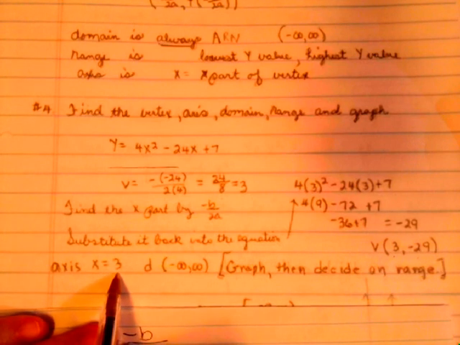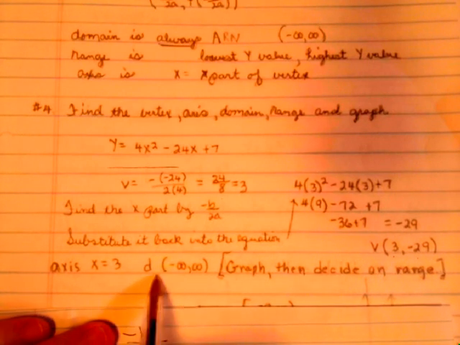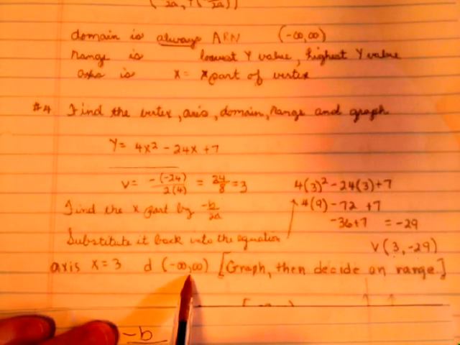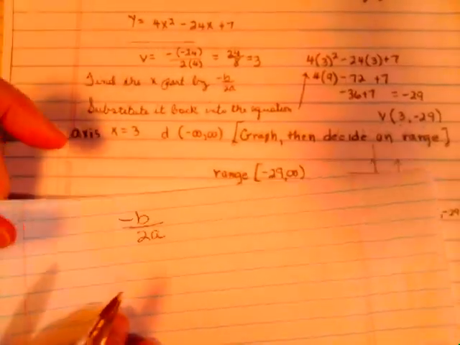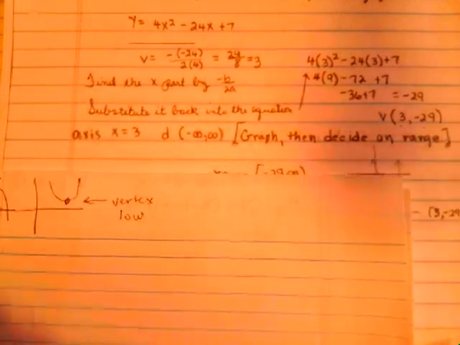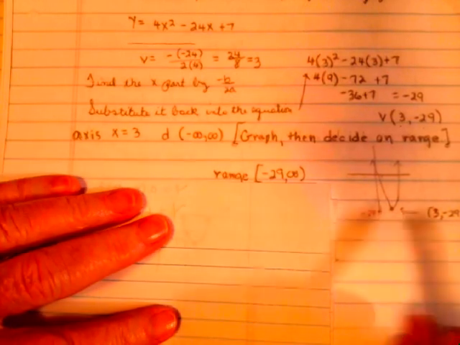My axis is x equals 3, because it's x equals whatever the x part of the vertex is. The domain is negative infinity to infinity. I always graph these and then decide what the range is because it's just easier that way. Here I have this parabola.